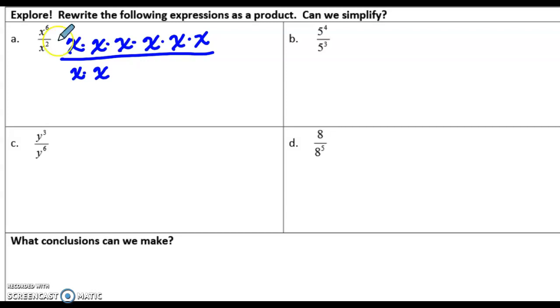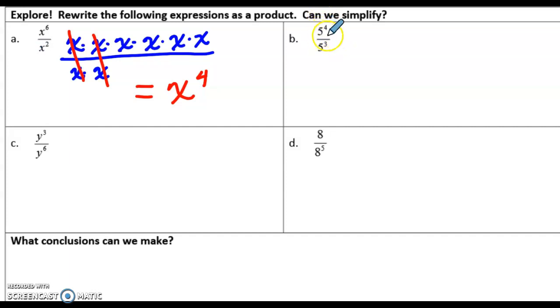And then when you look at this, you know that the same thing over itself, whether it's x over x or 7 over 7 or 2 million over 2 million, that's equal to 1. So this would be equal to 1 and these would be equal to 1. Therefore, the answer, the simplified version of this, would be x to the 4th. So when you have x to the 6th divided by or over x squared, you get x to the 4th.